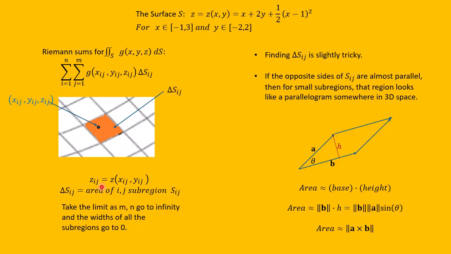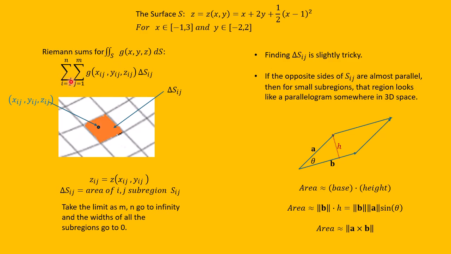And let z sub ij equal z of x sub ij, y sub ij. Z is a function of x and y, and we're using this functional notation to constrain the value of z so that that particular x, y, and z value is on this surface, and in particular, it's in this little subregion. So the Riemann sum looks like this.